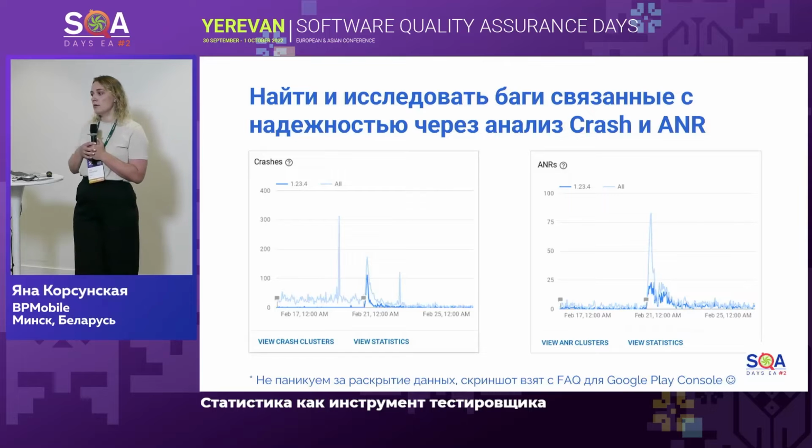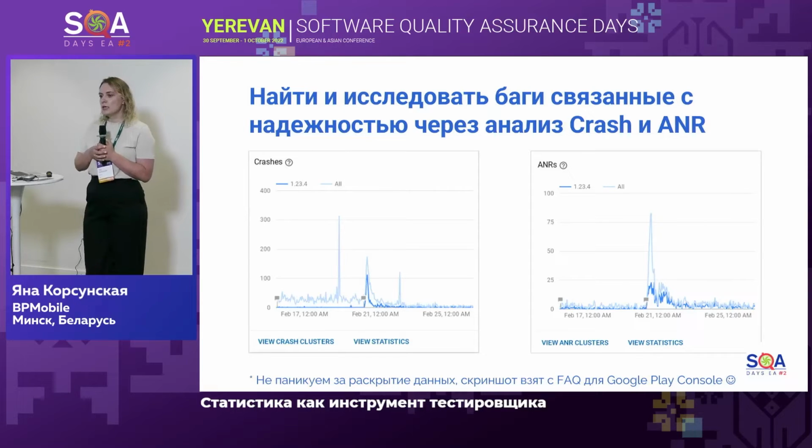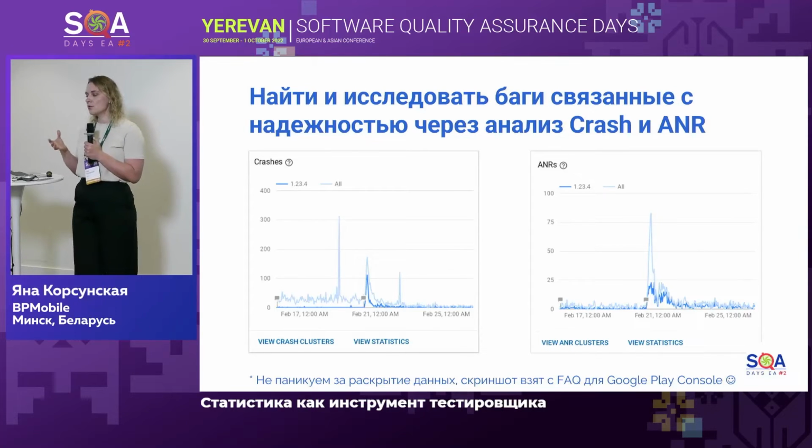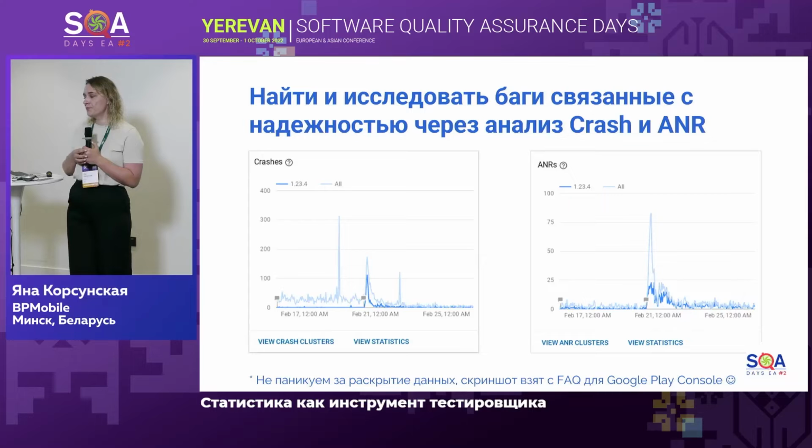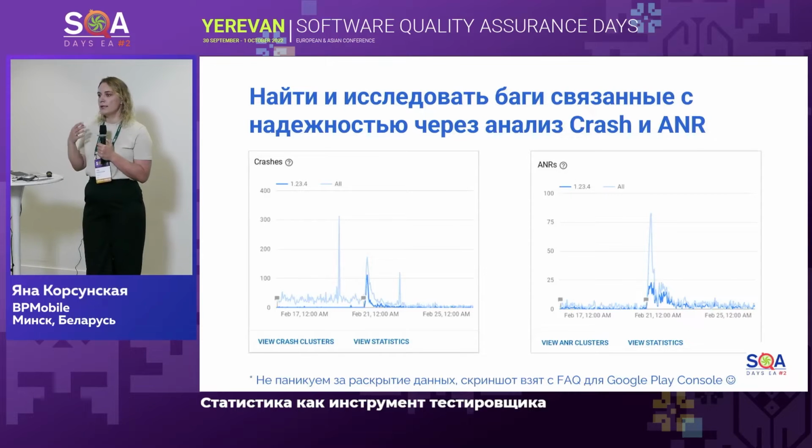But if the app is sold, it means that there is an account in the App Store or in the Google Play console, in the Huawei console. Consequently, there is an account and a certain amount of data that is collected automatically.